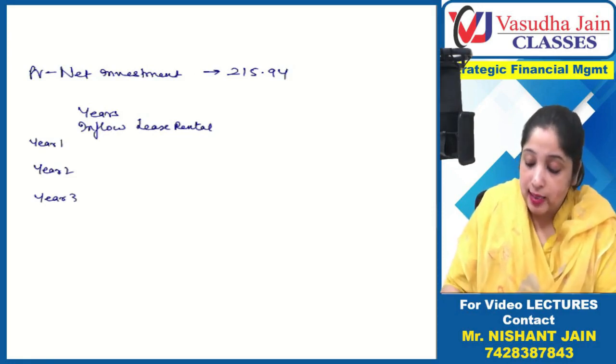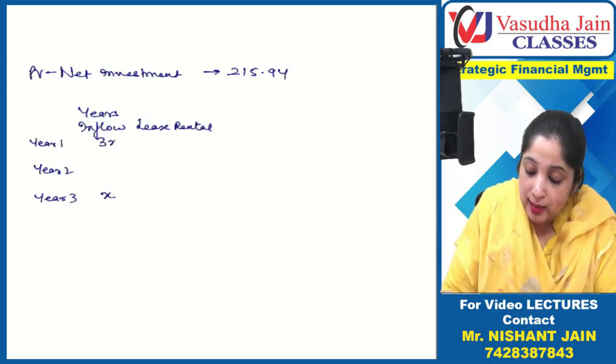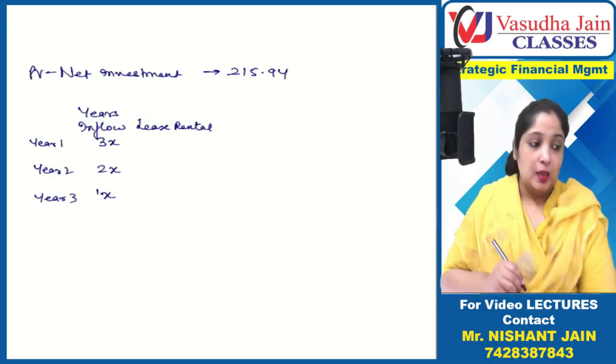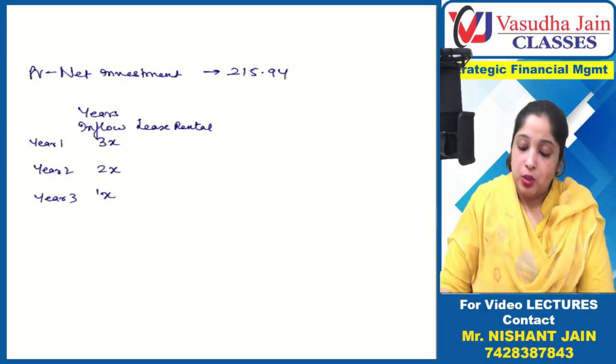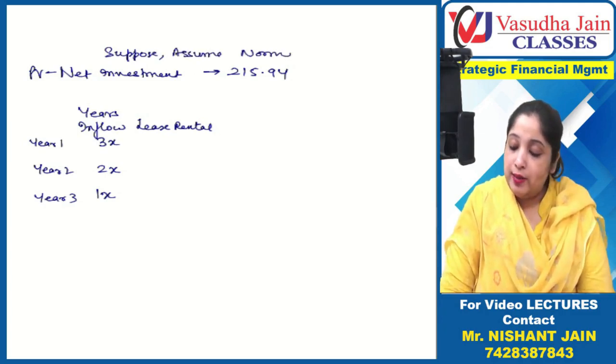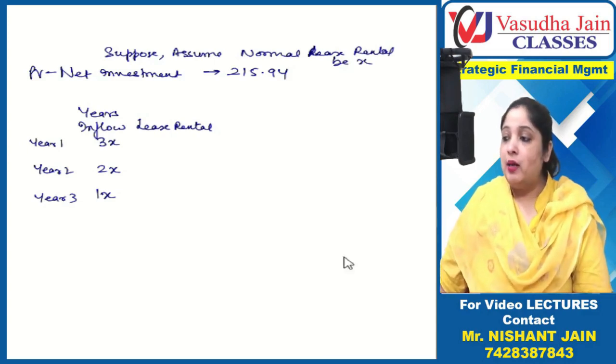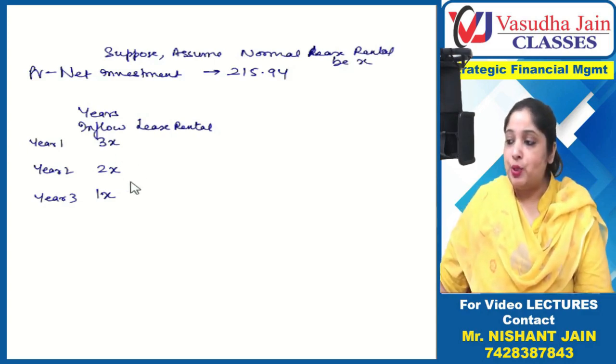Now, the condition is that the lease rental for each year should be in this ratio. Assume the normal lease rental to be X. Then every year the lease rental is to be in this proportion, 3x to 1x.